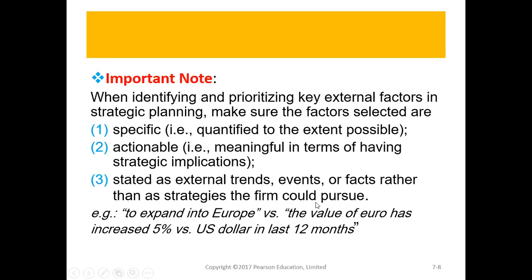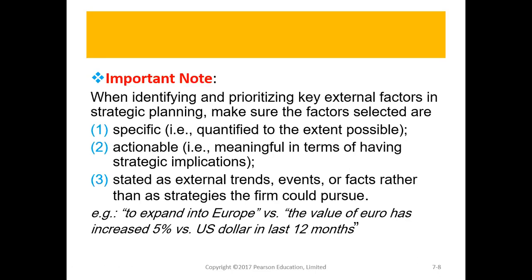What does that third point mean? Let's see this example to make it clear. If I'm saying that my external opportunity is to expand into Europe, versus my external opportunity is that the value of the euro has increased 5% versus the dollar in the last 12 months.